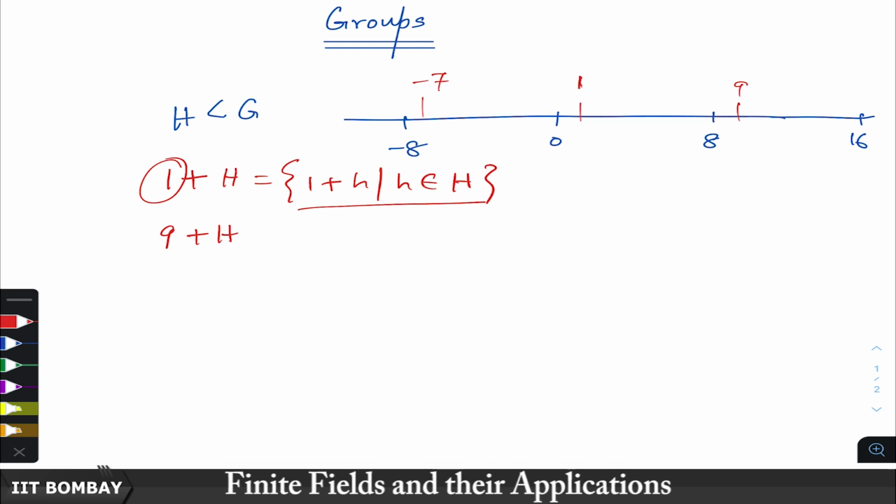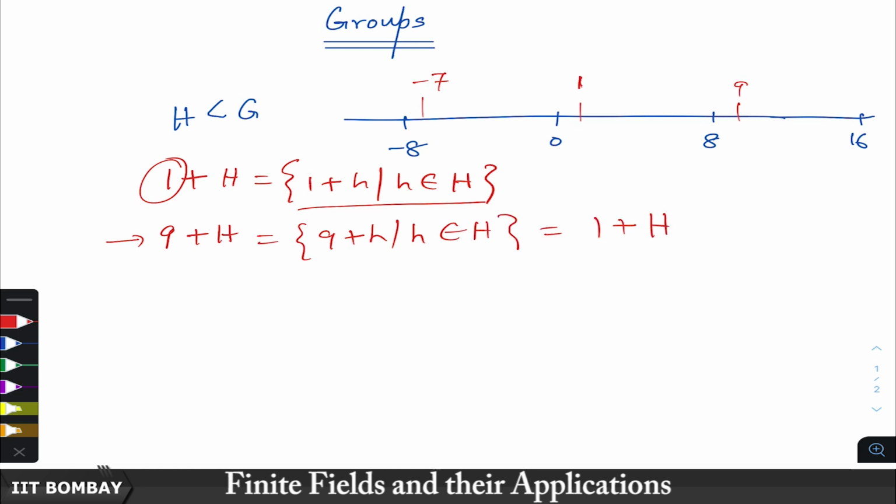We have seen in fact that you can define an equivalence relation, and then these cosets are the equivalence classes. So, any representative of an equivalence class can be used to say that it is the equivalence class of that element. So, you can say this is the coset of 9, and as a set, it will be the same set. This is the same as 1 plus H.